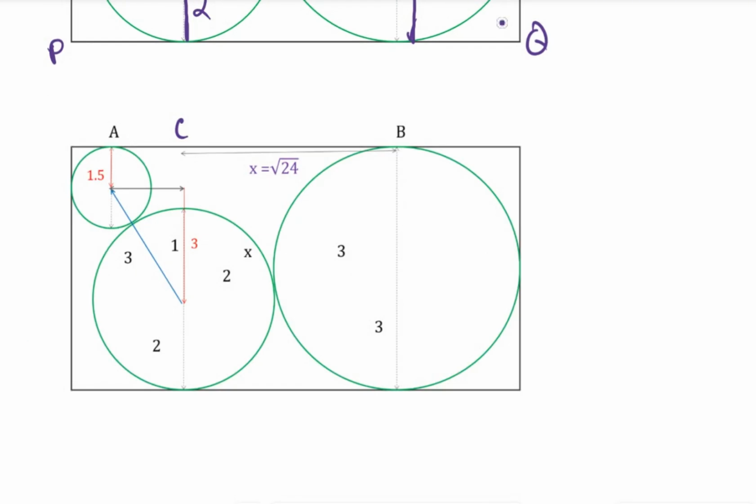So here the main target is to determine the length A to C. So from this point to this point, let's say this point is Y, and here we have written this is Z, and this was A, and this was, say, any point, let's say N, right? So now triangle Z N A, and this is a right angle, this is 90 degrees, and obviously this is 3 and this is 3.